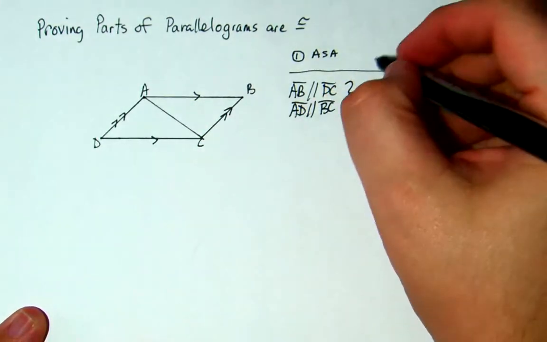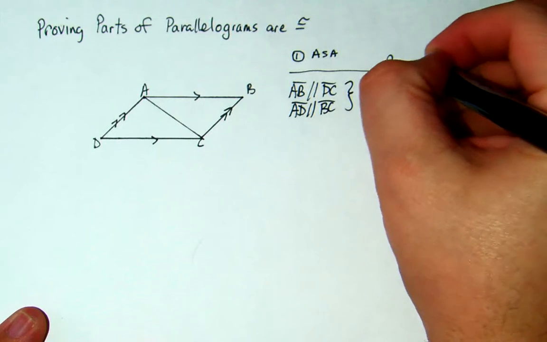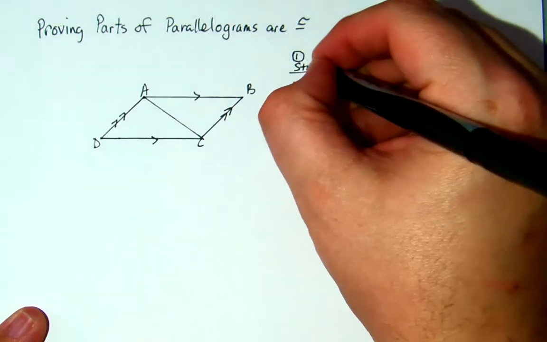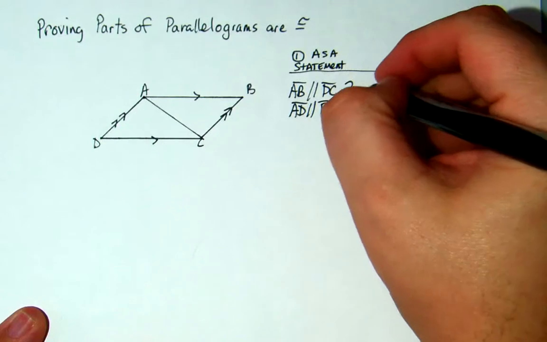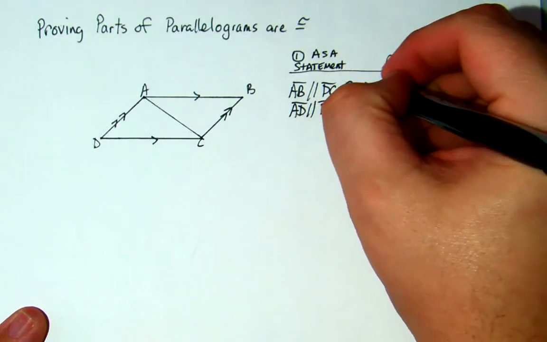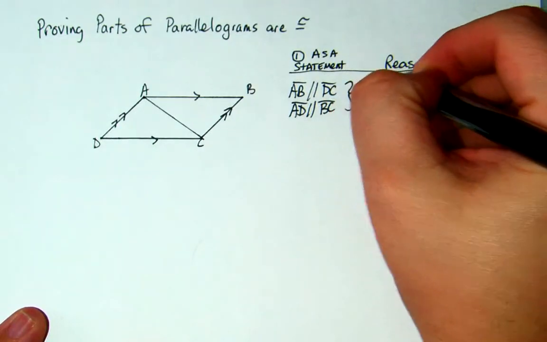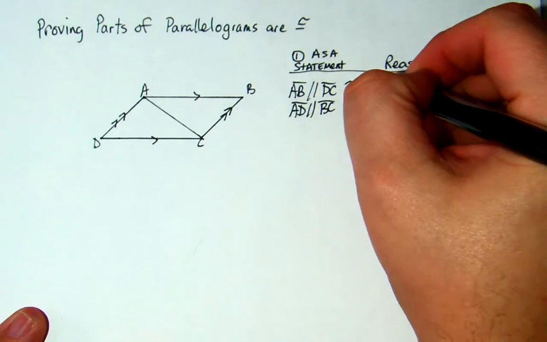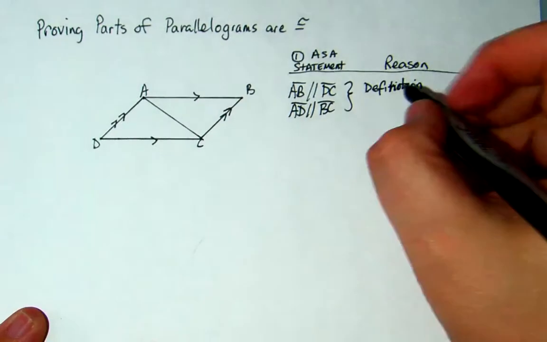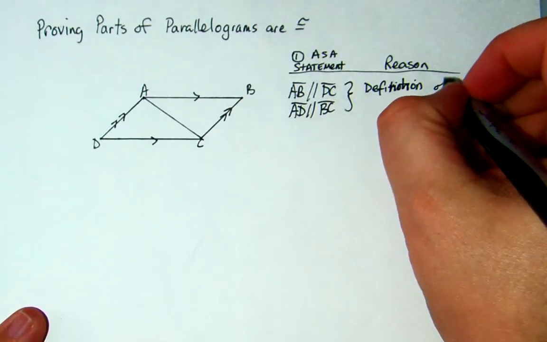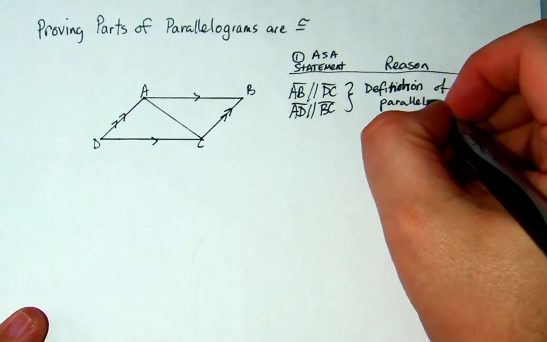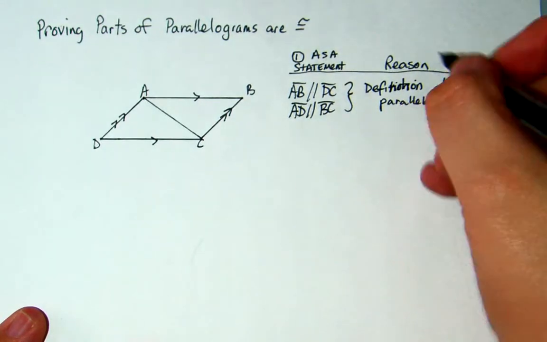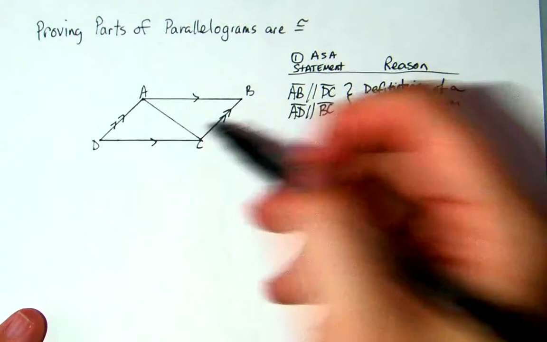And the reason why, and I'll put statement over here, is that this is the definition, sorry about the spelling again, of a parallelogram. Definition says opposite sides are parallel.